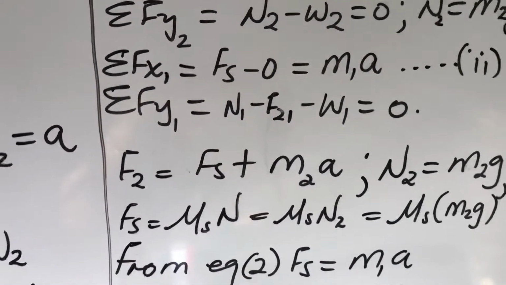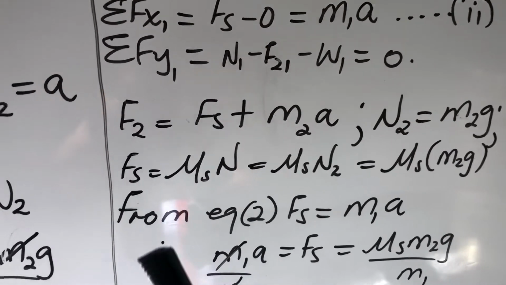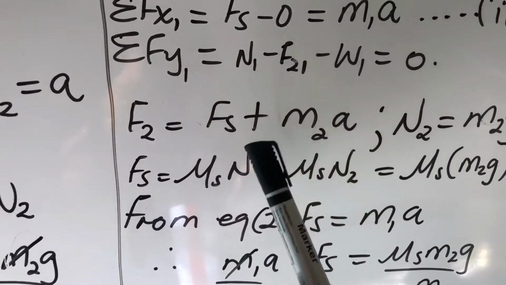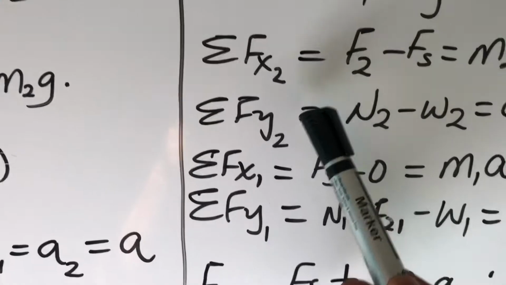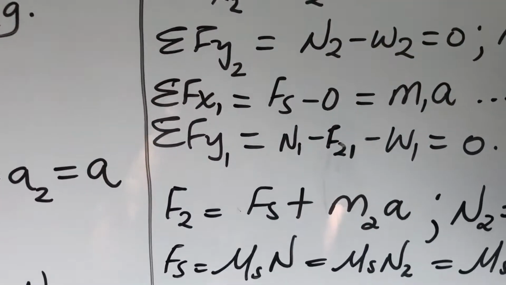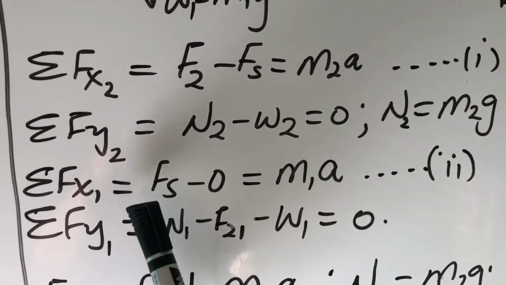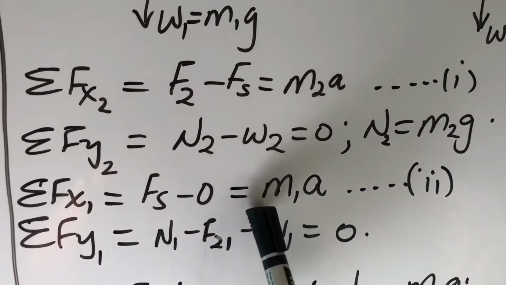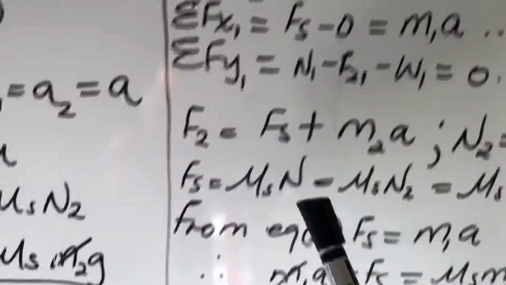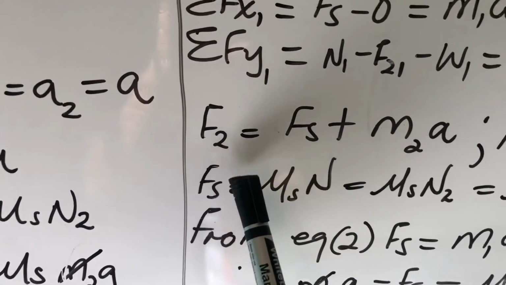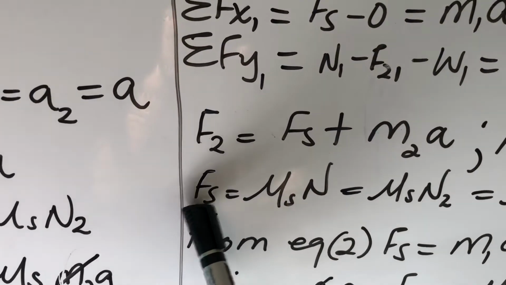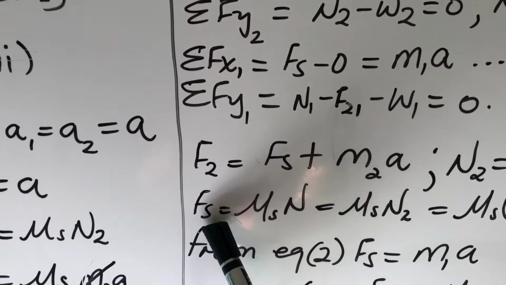So here, in order for us to get the value of A, from equation number 2, where I'm pointing, you can agree that Fs is equal to M1A. That's why you see me here writing Fs, which can be calculated.